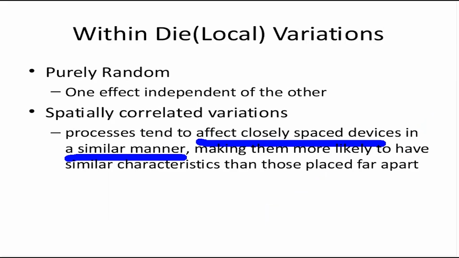Random is completely independent of each other. Correlated ones depend on proximity. Devices that are closely spaced will have similar variations. Random ones are not related to each other. Some of the effects can be purely random, and some of the variations can be linked to one another. So this is the essence of the local variations: there are two types, random and spatially correlated.